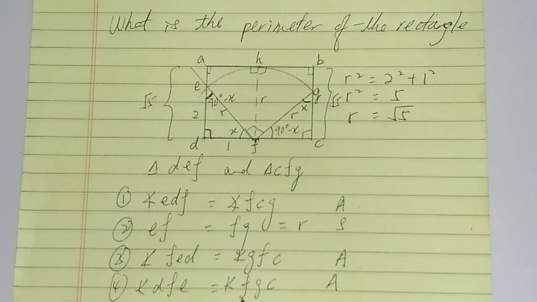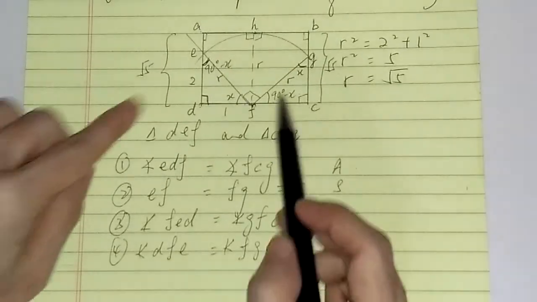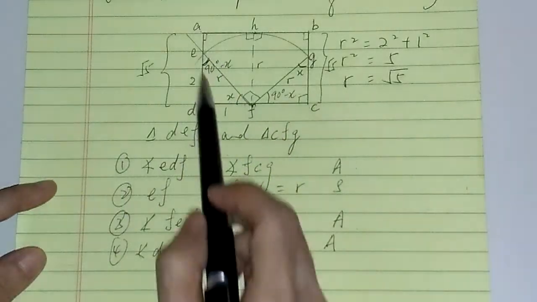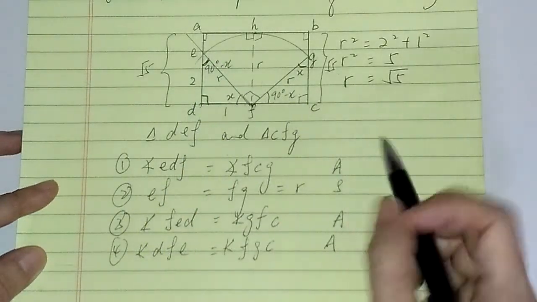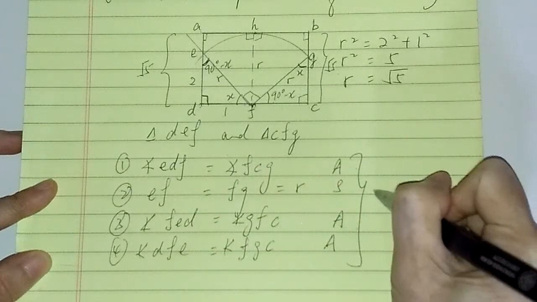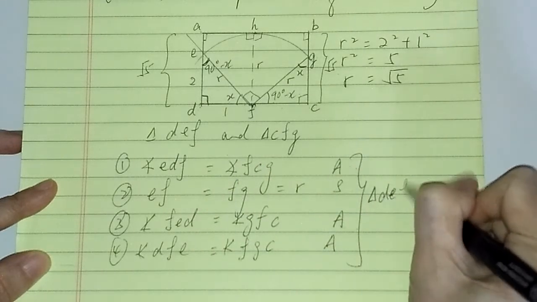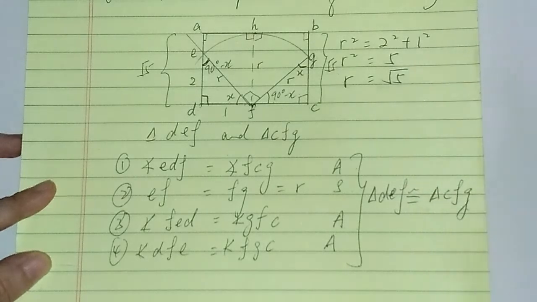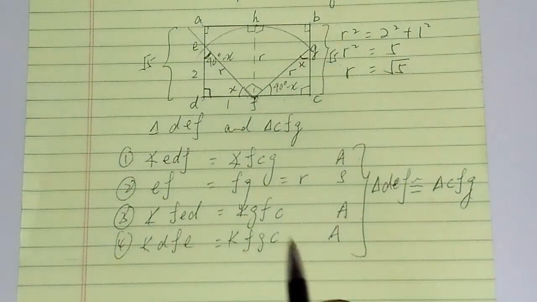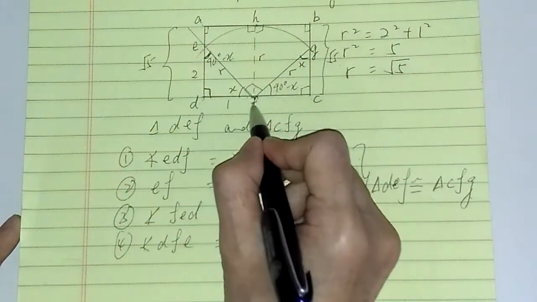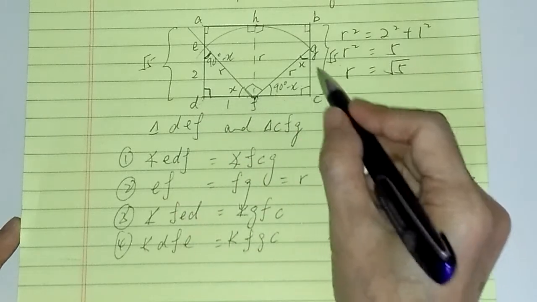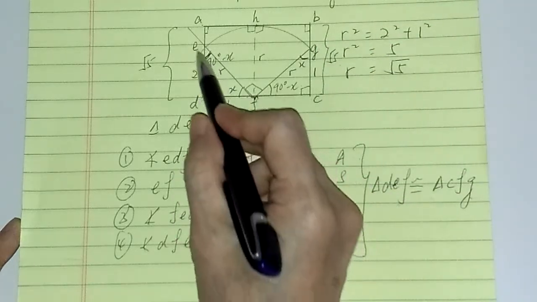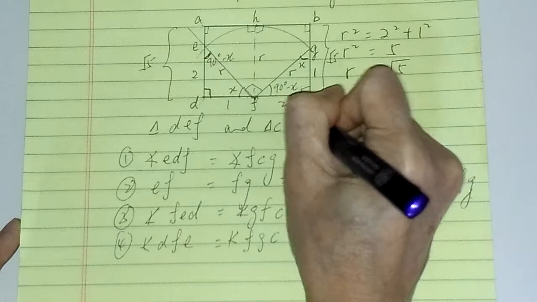So we have another same angle. The three angles are the same, and one of the lengths is the same. This proves that the two triangles are congruent, which means they are identical. So if the two triangles are identical, the length DF is equal to CG, and ED will be equal to FC.